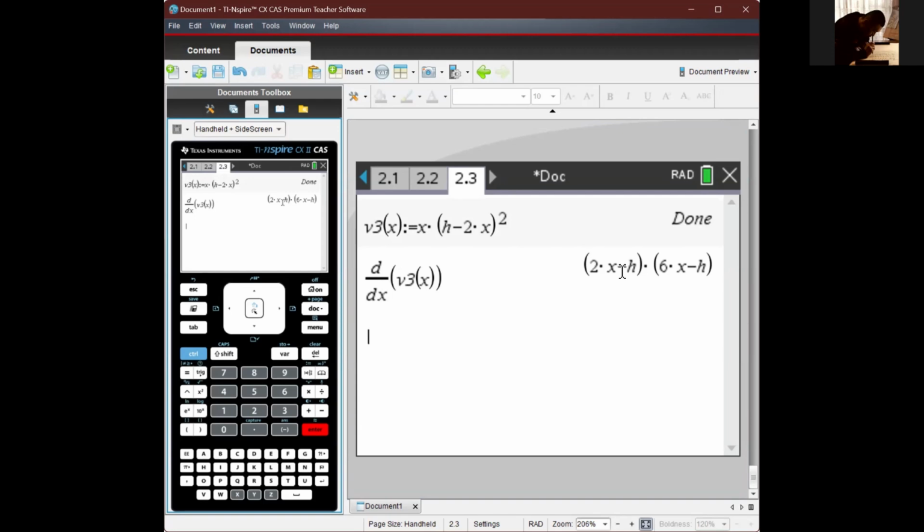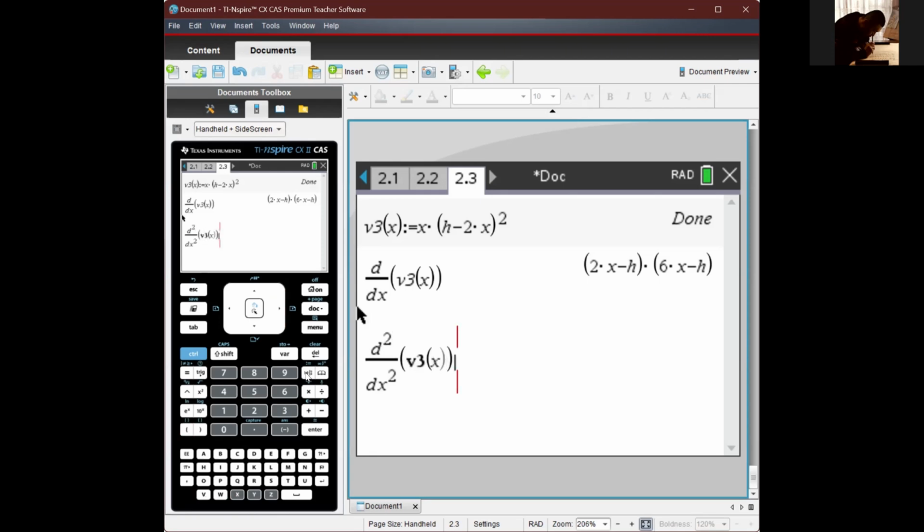Next thing I'm going to do is take the second derivative to check the concavity near this particular value. So you can see this result is a negative number, minus 4h, which is less than 0, indicating a concave down curve. That's how I would attempt this question.